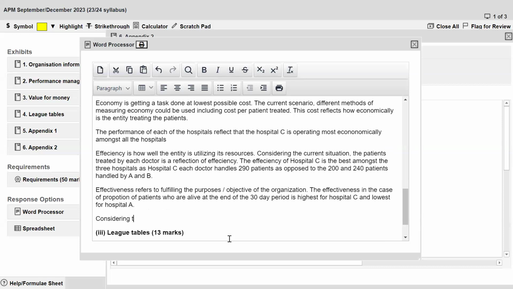Considering the performances, hospital A is the worst performing hospital and hospital C is the best performing hospital.